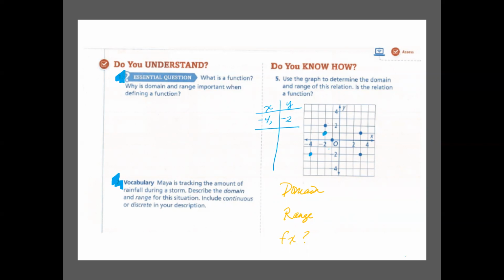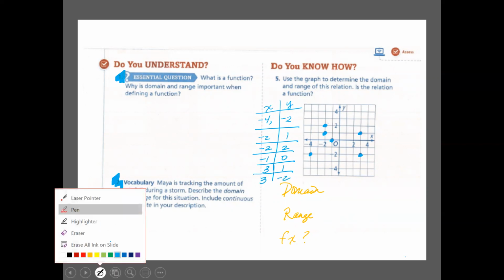Second point is (-2, 1). Third point is (-2, 2). Fourth point is (-1, 0). Fifth point is (3, 1). Sixth point is (3, -2). Okay, so there's my table right there.